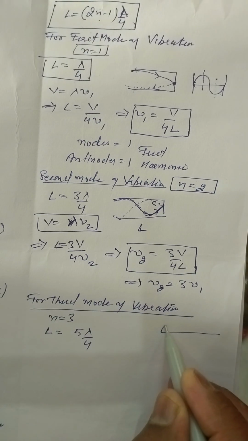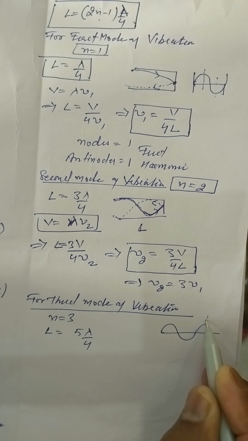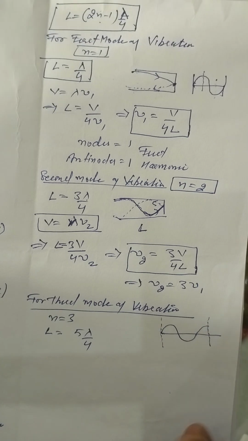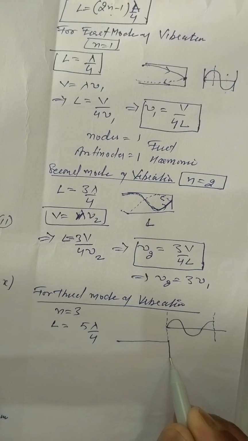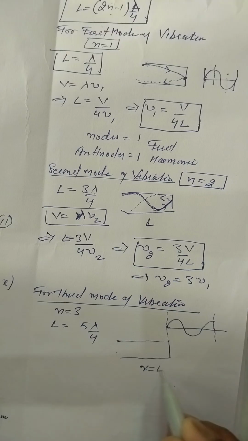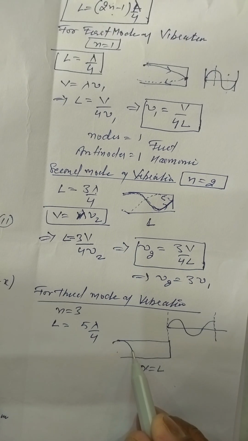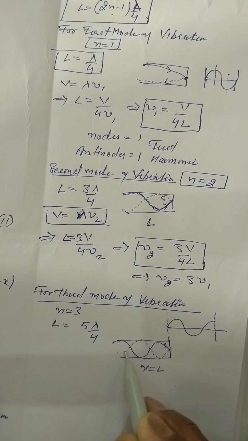I will tell you, this is the one wave, and this is the 1.25. But L is there, so I will draw the diagram in this way, because the opening is in this way, as we have taken. So in this way, and this is the 1.25. Okay, and in this way you will find it.